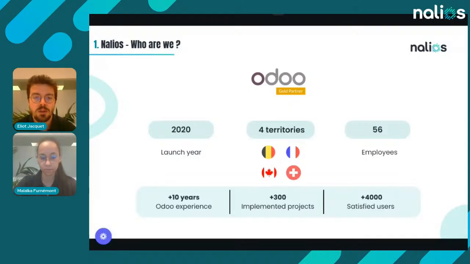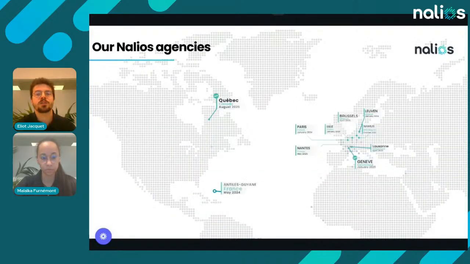Also, Nalios, overall, it's more than 10 years of experience, 300 implemented projects, and especially 4,000 satisfied users. Different agencies are based mostly in Europe, but we also have one in Canada, one in the US, as I was saying earlier, and also one in Antigua, France.